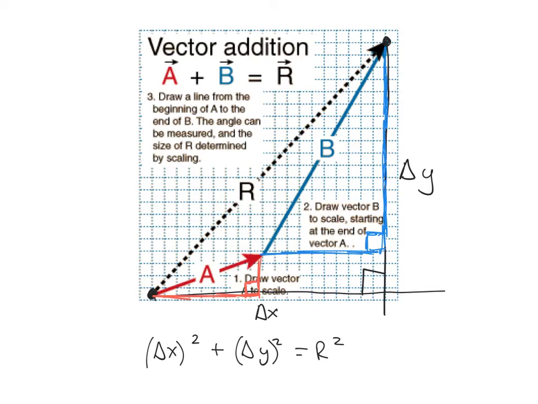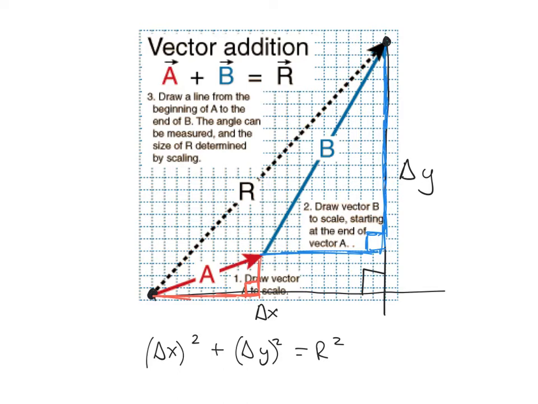What would the base of this plus the base of this equal? Base of R. Yeah, which is called delta x. And what would the height of A plus the height of B give you? Instead of the base, the height. Yeah, it would give you this entire length, wouldn't it? If the height of this is 2 and the height of the blue one is 8, 2 plus 8 is 10. That's what delta y is.